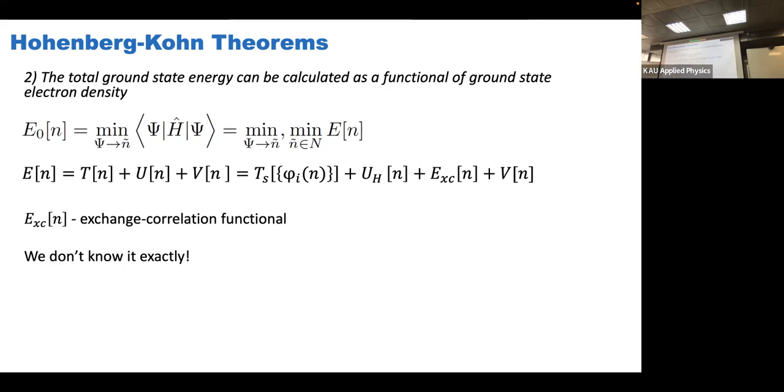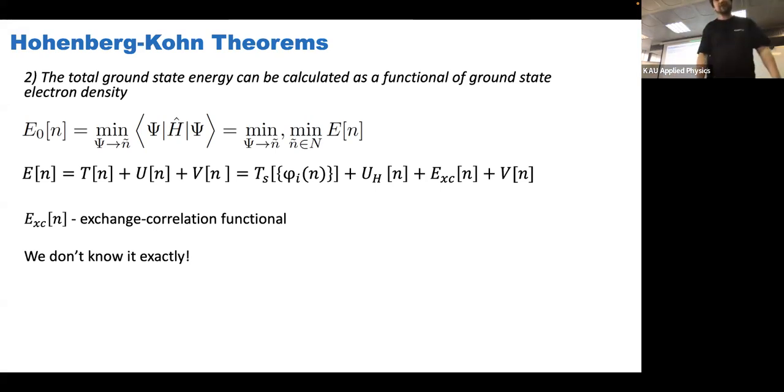So it's the exchange correlation functional, and we don't know it exactly. We can calculate rather good kinetic energy, and rather good Hartree energy and external energy. But we don't know the exact form of exchange correlation.